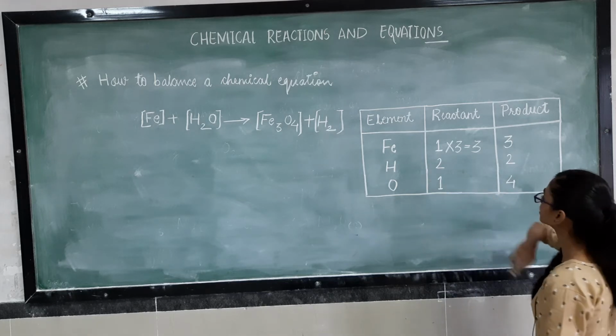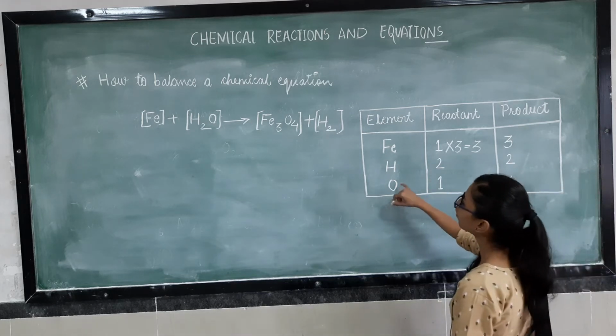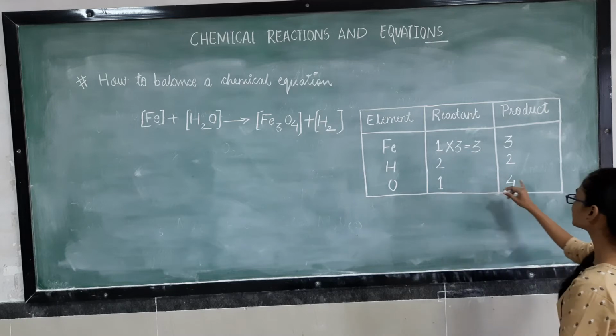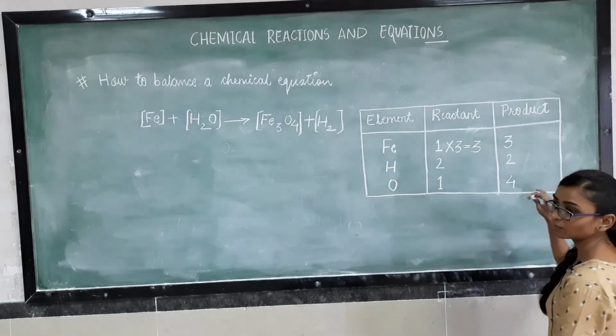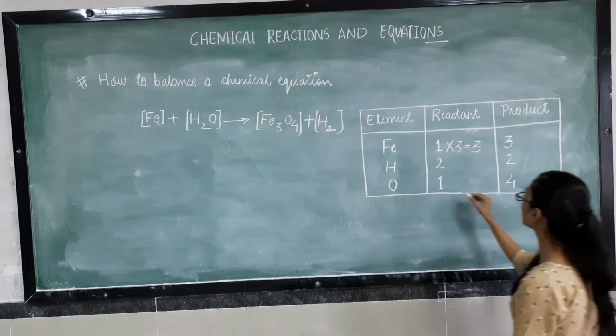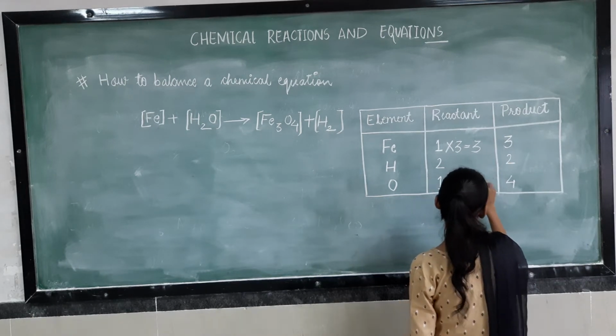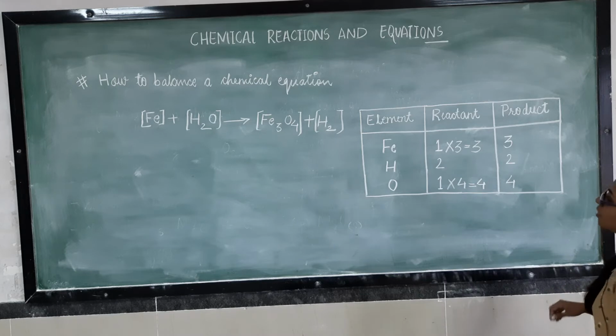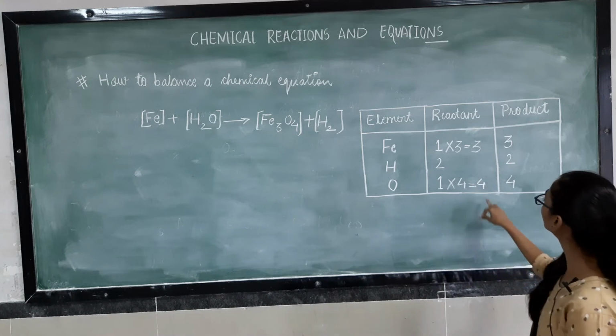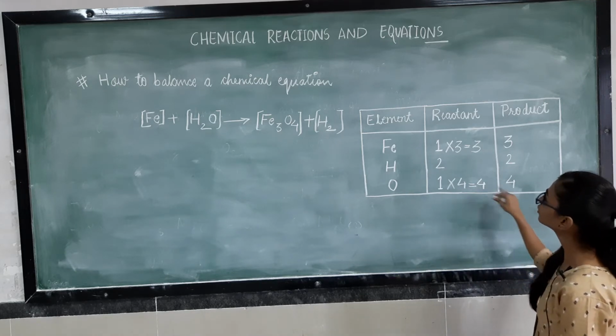Then hydrogen is balanced, 2 hydrogens are present. Then we will do oxygen. Here 1 oxygen is present, here 4 oxygens are present. To balance that, we have to multiply by 4. But first we'll go with this only.